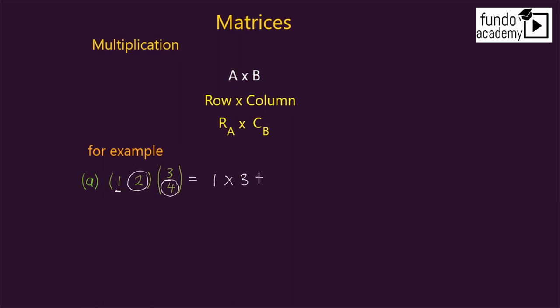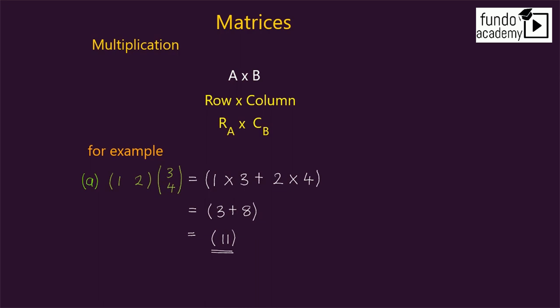So that's plus 2 times 4. And by so doing, I would have multiplied the matrices completely. So I now just simplify. 1 times 3 gives us 3, and 2 times 4 gives us 8. So 3 plus 8 gives us 11. So our solution will come out as 11. So that's simply how we multiply a row and a column.